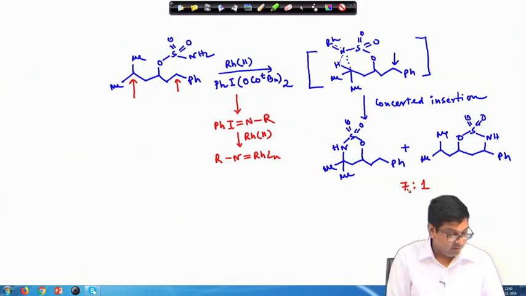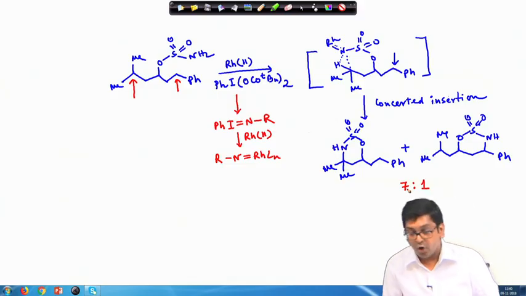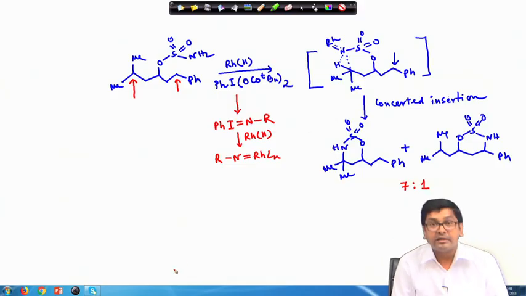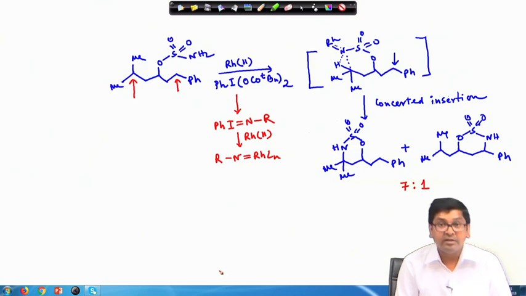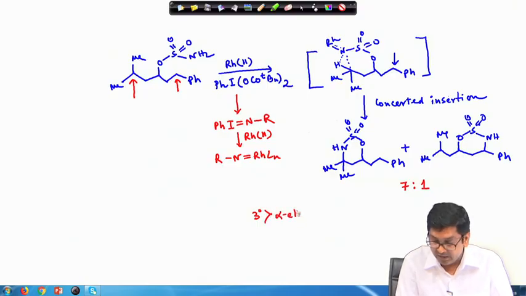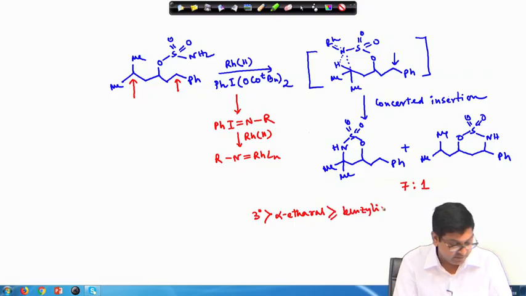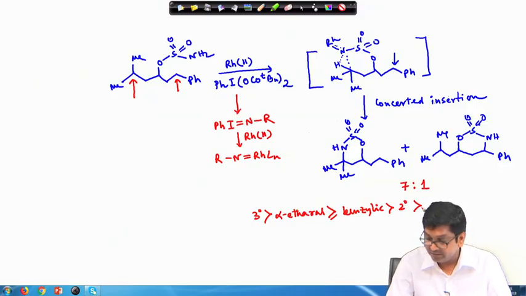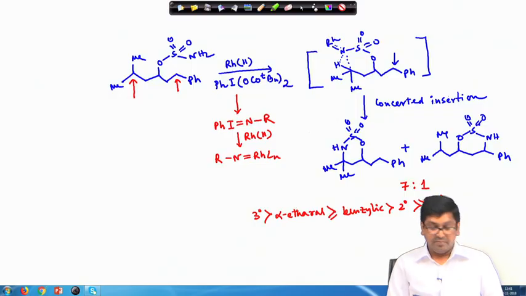7:1. Okay. Why? Because it has been found that for the carbon hydrogen bond reactivity for this intramolecular oxidation, the qualitative rate, for example, it is like 3 degree, then the alpha ethyl, then the benzylic, then secondary, and then primary. Okay.